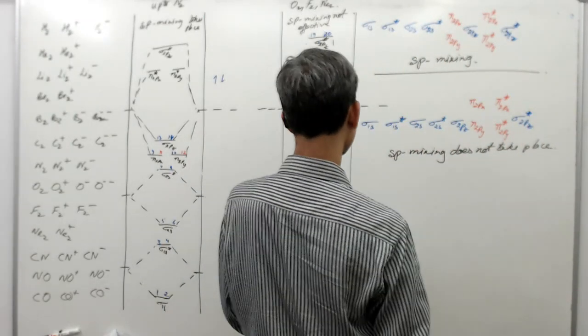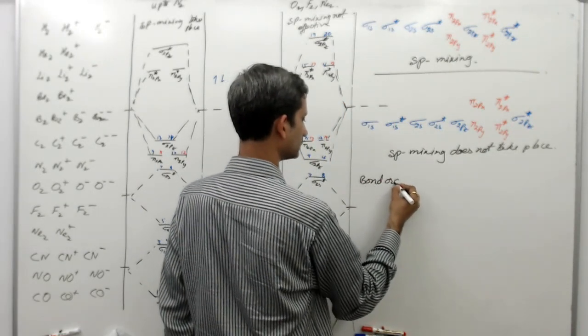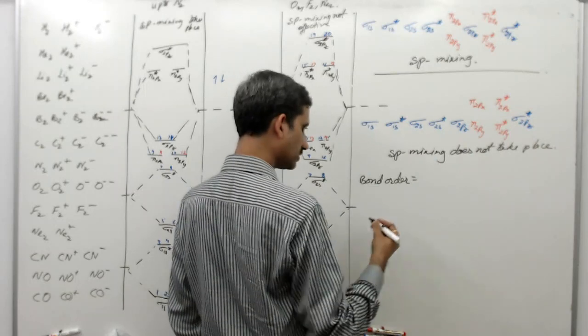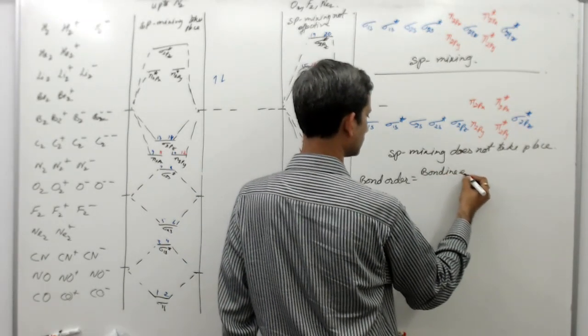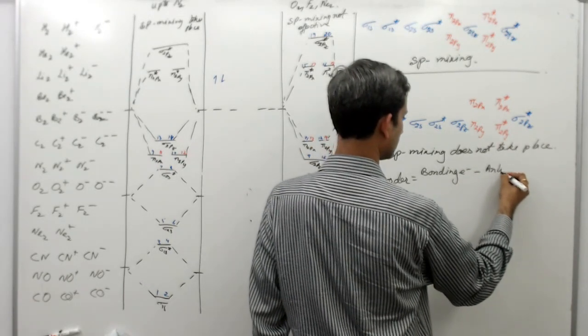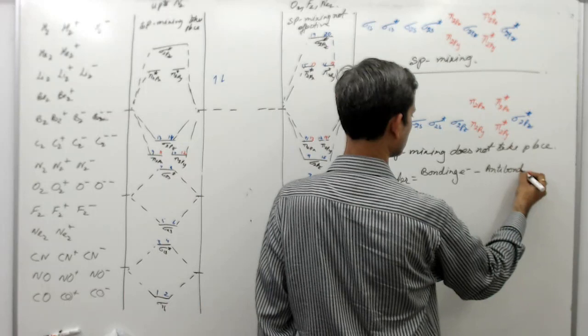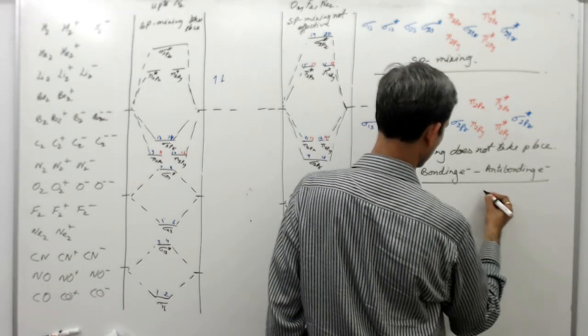What you are going to do is you are going to find something like bond order. Bond order is equal to bonding electrons minus anti-bonding electrons divided by 2.